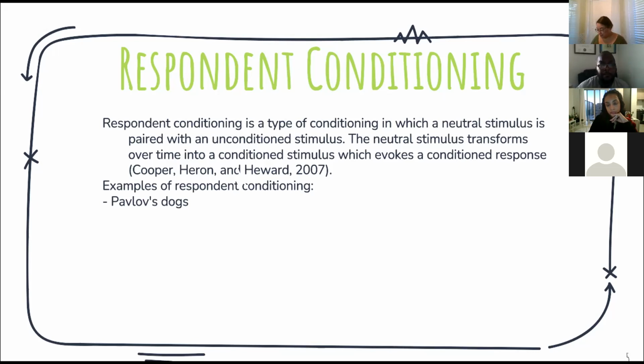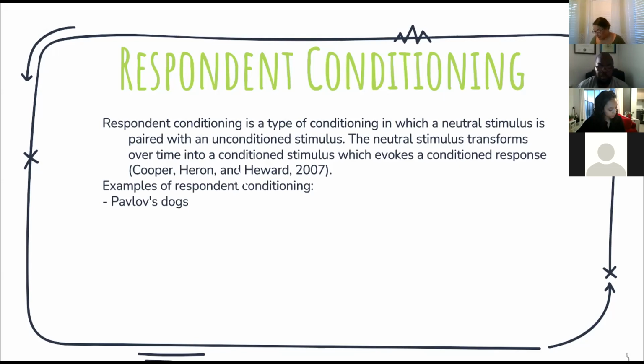And then the respondent is due to phylogenetic history, whereas operant conditioning is due to ontogenic history. Phylogenic is what you're born with, while ontogenic is something that you learn in your environment from previous consequences.